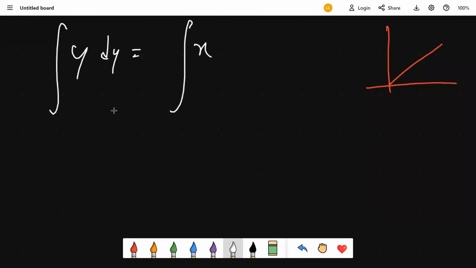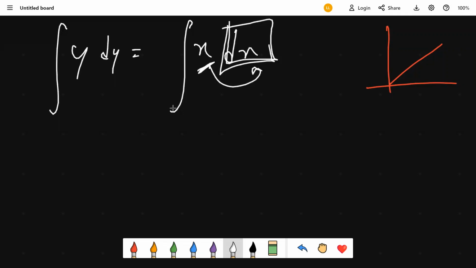Similarly, on the right side, we have x, and we need to integrate this with respect to x, because remember, I just told you that in integration, we can take only one variable, and with respect to that variable, we can simply integrate. Since we have x here, the closest call is to simply integrate this with respect to x. That's why we are placing a dx here. That means we are considering this x as the differentiated version, and we are going in the backward direction, integrating this x, okay? That's how it works.